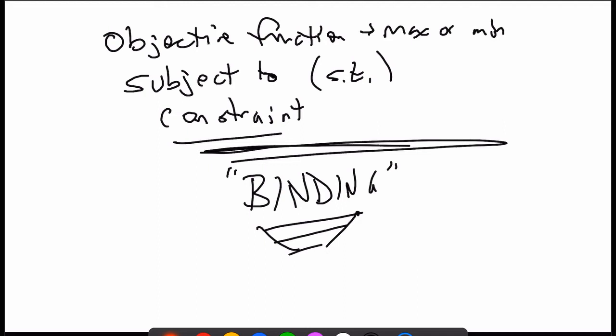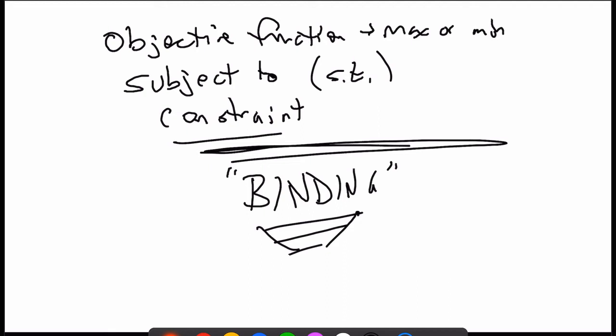And you are bound by your constraints all the time, right? You think, hey, I would like to go to Tahiti on vacation, but you end up going to Henderson on vacation because that's all you can afford. Your constraint is binding, okay?